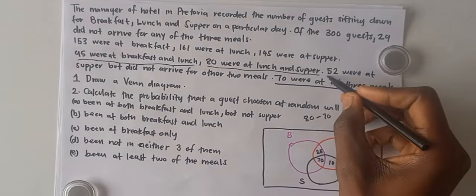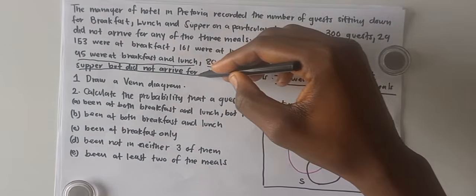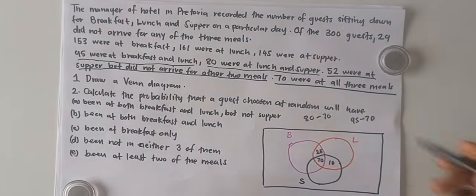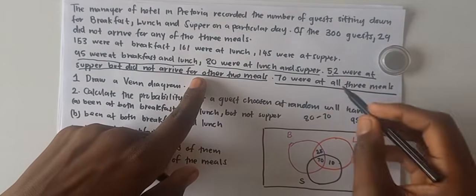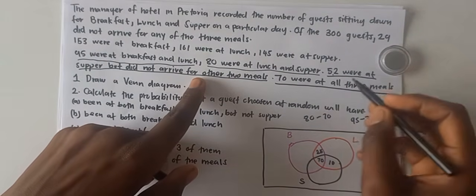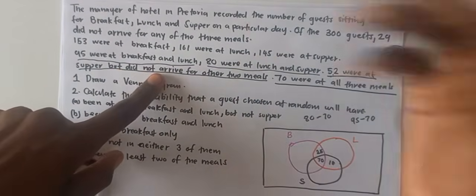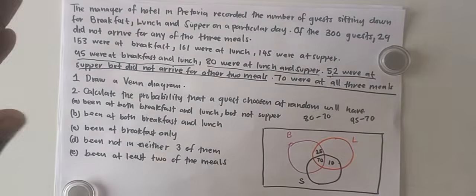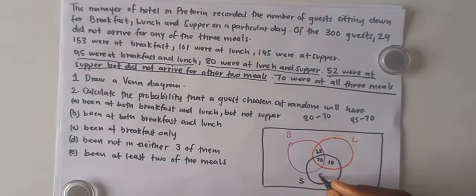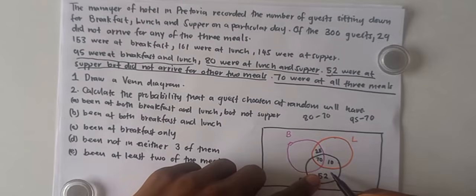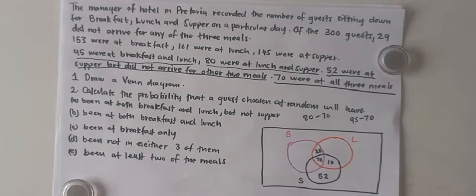They say 52 were at supper but did not arrive for the other two meals, which means they were there for supper only. So I'm going to write 52 here for supper only. They don't participate in the other meals. So now we are done with that one.